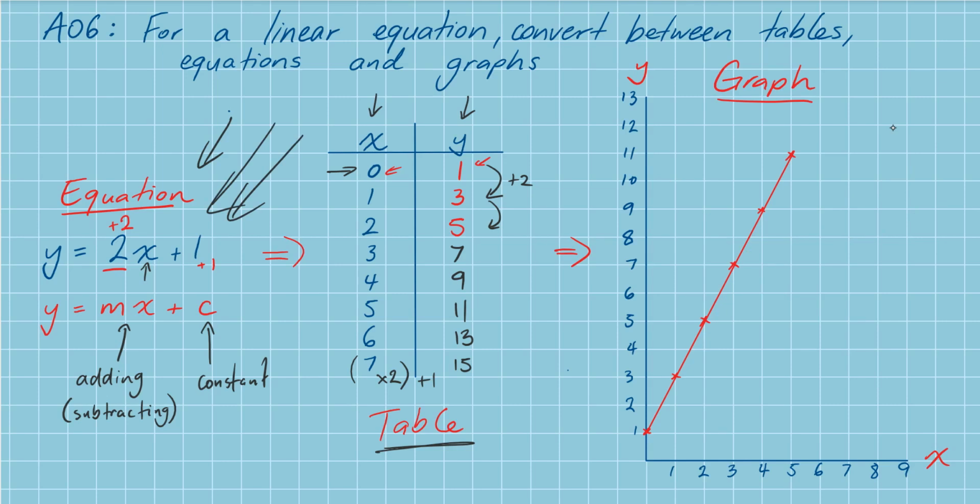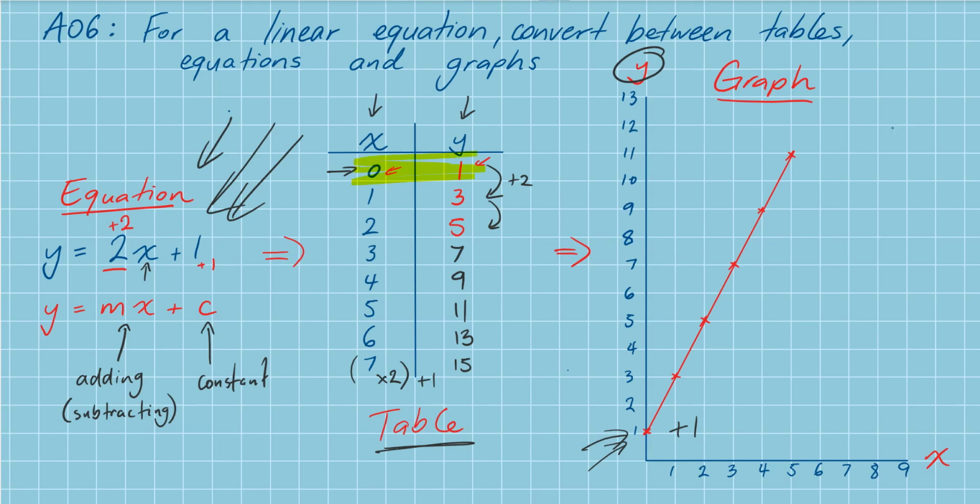So first thing to note is the starting point. That is the y-intercept, this point here where it cuts through the y-axis. Now you'll notice it is plus 1. And the reason for that is because we're looking at this guy here.